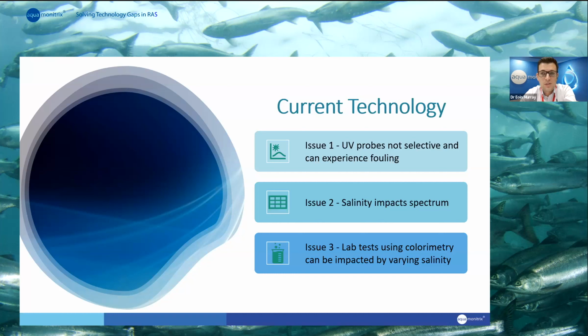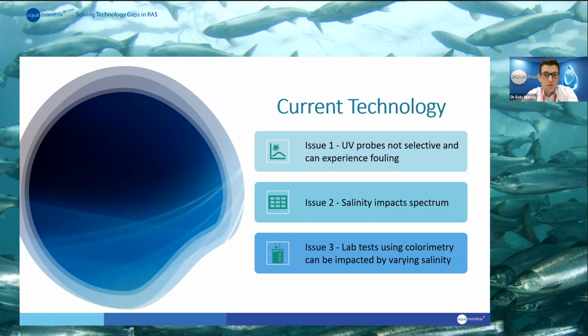Firstly, UV probes are not selective for nitrite and nitrate. They can't discriminate directly between nitrite and nitrate. There are also other issues to consider around interferences, such as interfering ions, but also dissolved organic matter, turbidity, things like that. They also need to be considered when measuring using UV probes. In addition, of course, biofouling is another big consideration which comes into play.